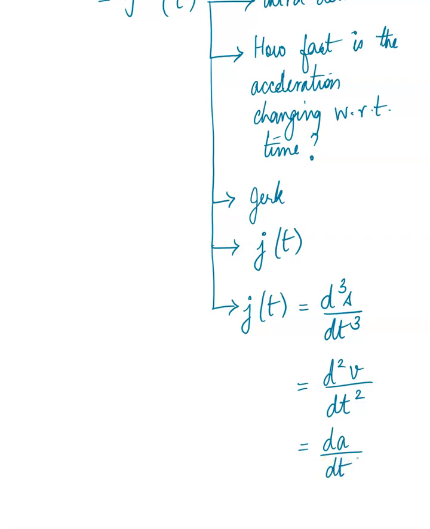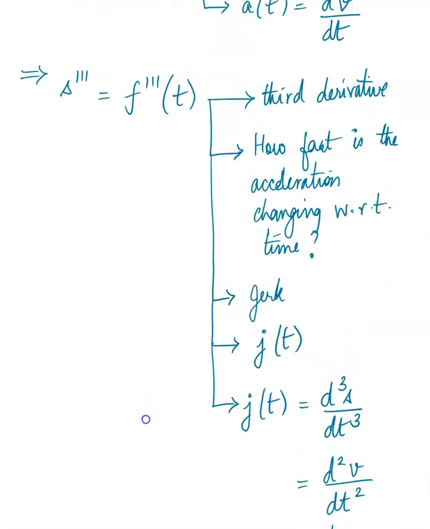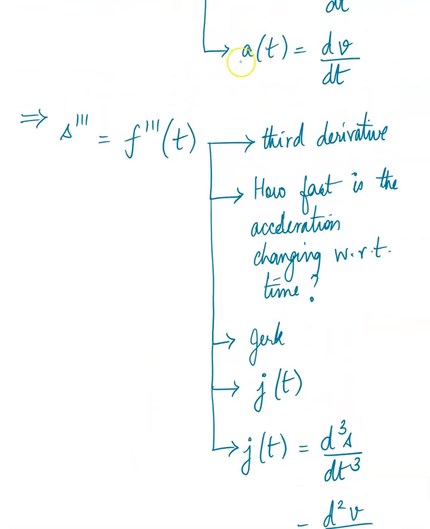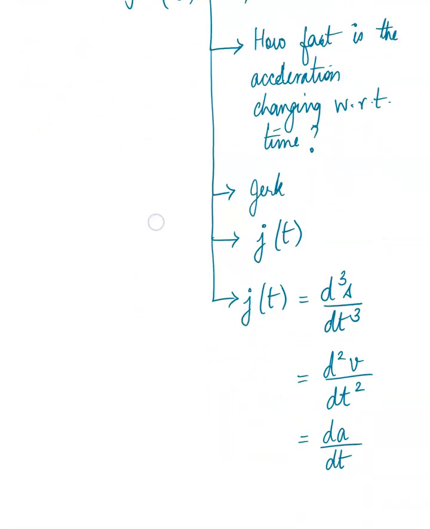And I use small a because it refers to the acceleration, which is lowercase a. Capital A, we used it for area, so please be careful about the notation here. And so you can see how we can come up with all these interpretations, particularly in higher orders of the derivatives.